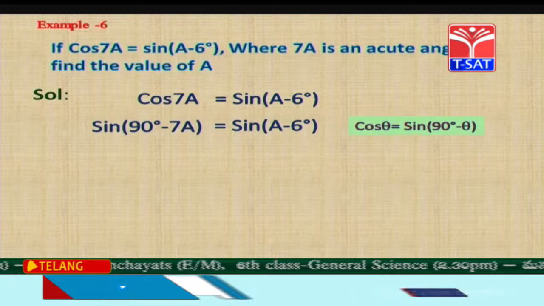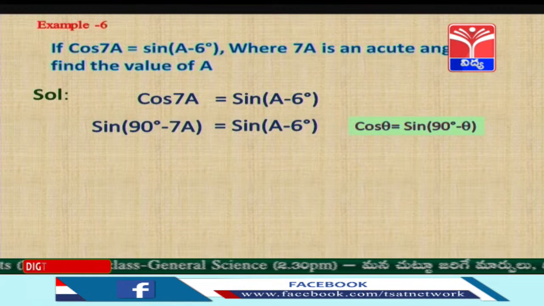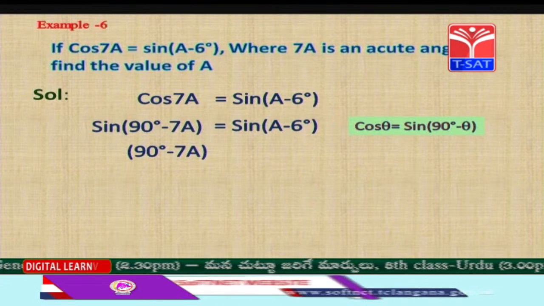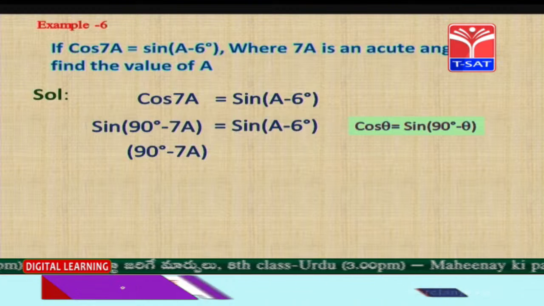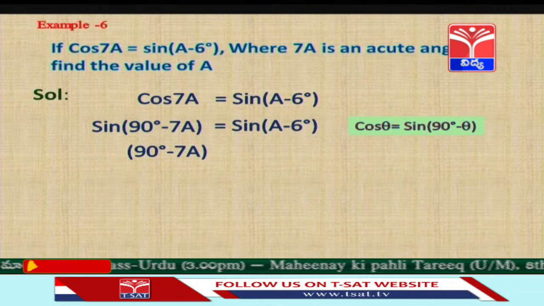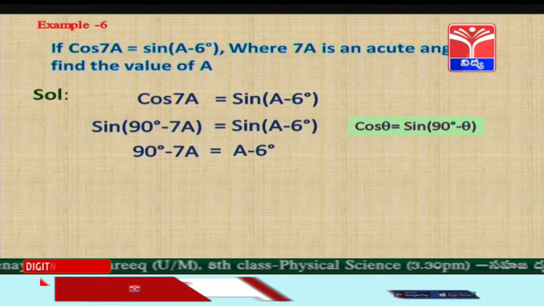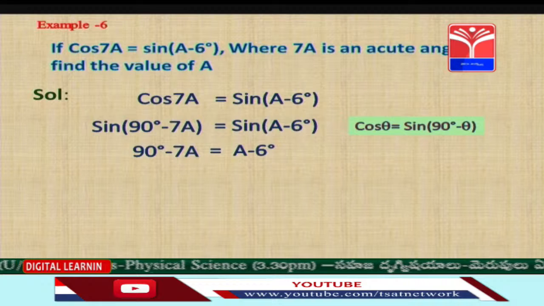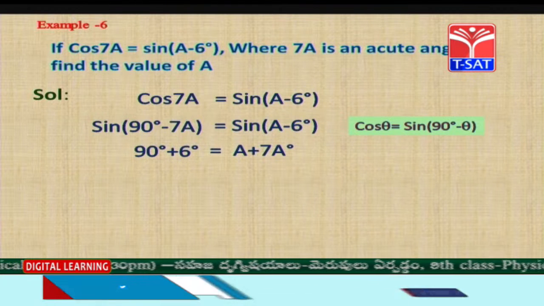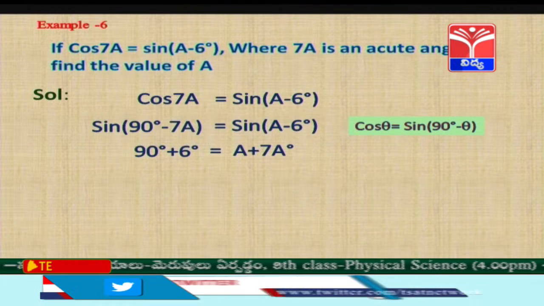Now, when both are sin, I can equate those angles and say 90 degrees minus 7A is equal to A minus 6 degrees. Now, I have opened the brackets, reshuffling them. I brought the numbers to one side and all the A's to the other side.